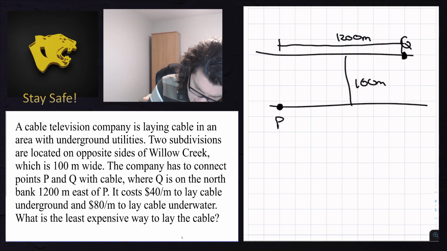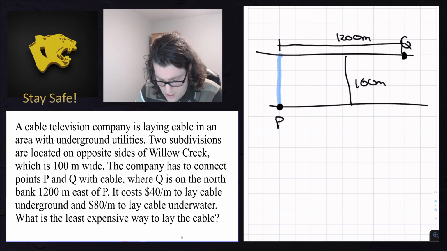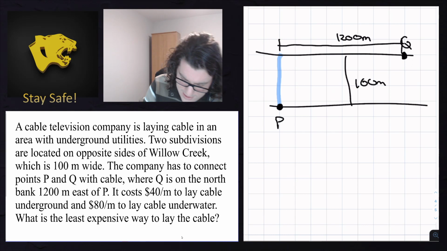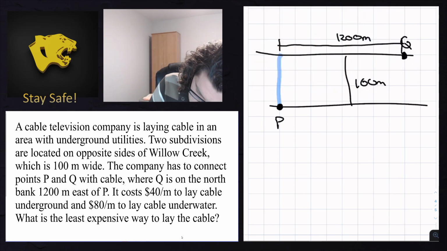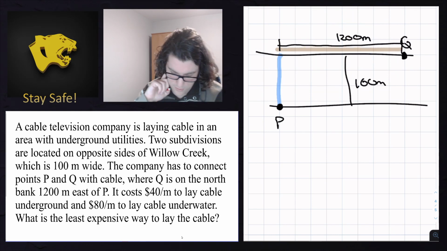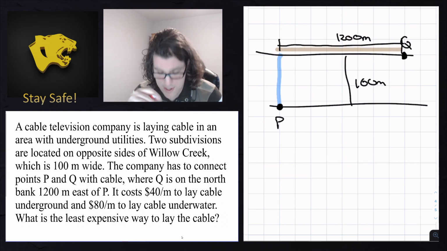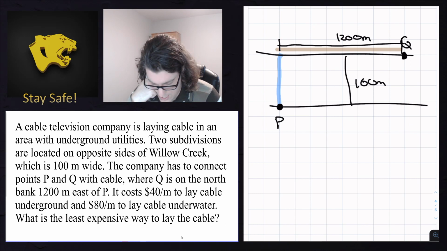So I could come straight across, but that's expensive cable. It's twice the cost per meter to go underwater. And then I could go, let's do brown maybe, underground the rest of the way. And that would be one option for laying cable.